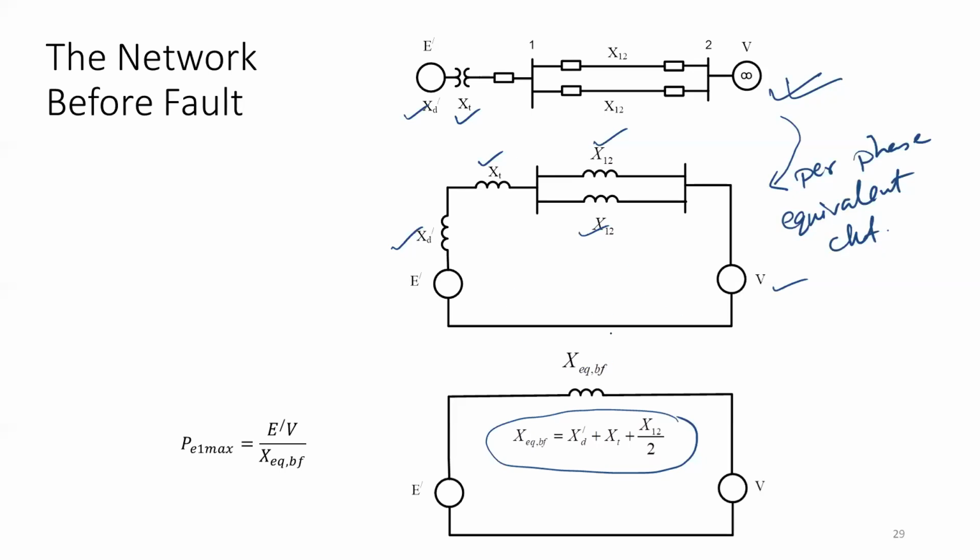If you combine all of them, whatever equivalent impedance you get is your X equivalent before fault. If you calculate your power, it will be E dash V dash divided by X equivalent before fault, taking magnitudes. Any question over here?